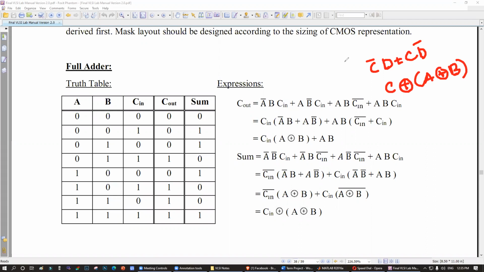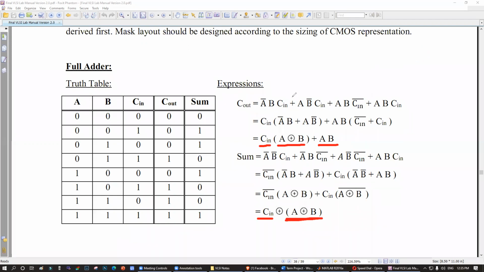This is common. A XOR B is common here. A XOR B is common here. So we have to do it once. একবার করলে হবে এটা আমাদের। Then you have AB, that means the multiplication. Then you have C in A XOR B, multiplication. Then you have another XOR, that means the result of A XOR B and C in. So how many gates do you need? Here you need A XOR B, one XOR.